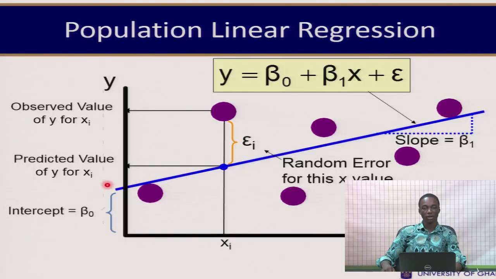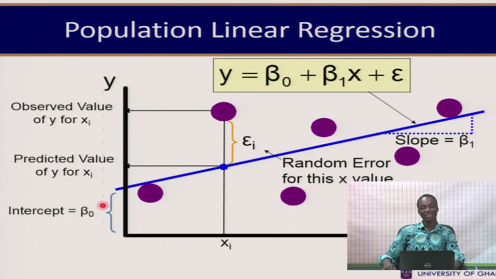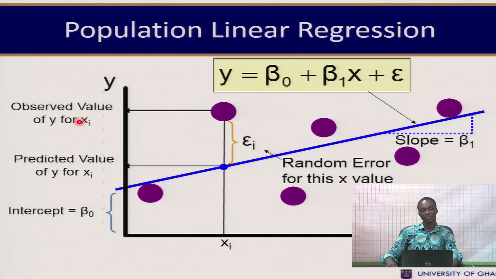This is also a graphical representation of our model, where, as you can see, the model fits a line that indicates the relationship between our dependent variable and our independent variable. The slope of the line is given as the coefficient b1, and the error term is given as the difference between the actual value of y versus the predicted value of y.